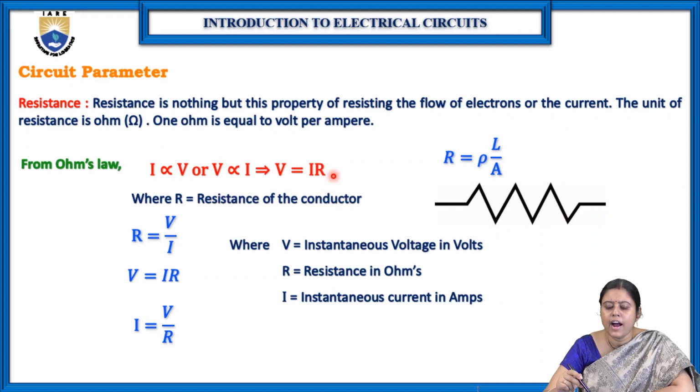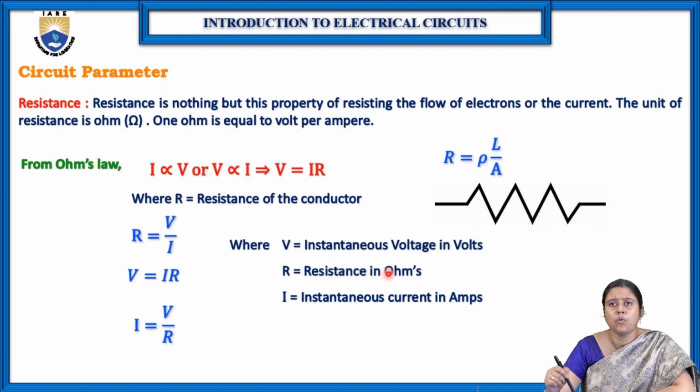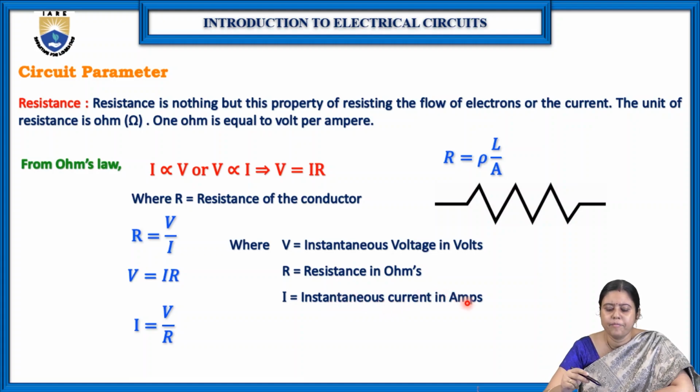So what is R? R is equal to V by I, where V is the instantaneous voltage in volts, R is the resistance in ohms, and I is the instantaneous current in amperes.